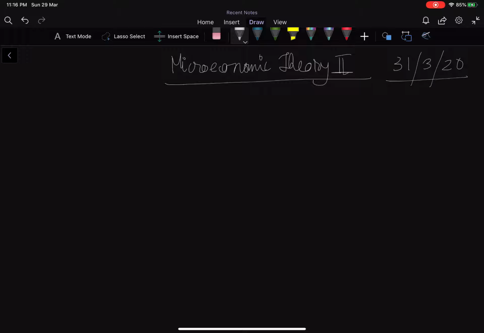Now, before I start that topic, I wanted to talk a little bit about the simultaneous move games that we had covered earlier. So let's consider the classic simultaneous move game that we have covered, which is, say, the prisoner's dilemma. Now, what we had done was the normal form expression of the game.